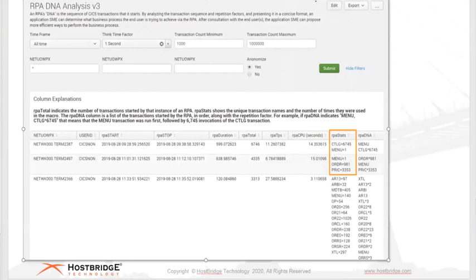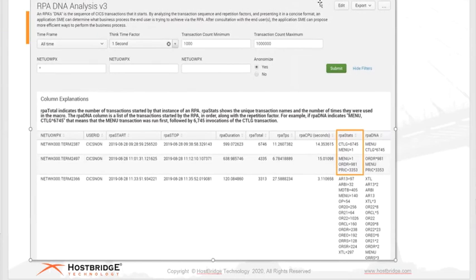This is an example of our DNA analysis, where by DNA we mean if there is a program, a distributed system outside the mainframe, and it is automating something in terms of CICS transactions, we want to be able to see what transactions it's actually running.